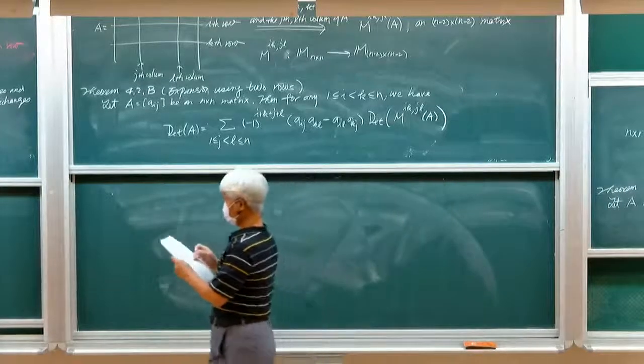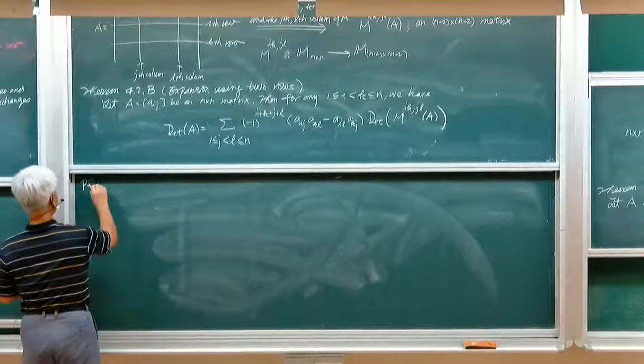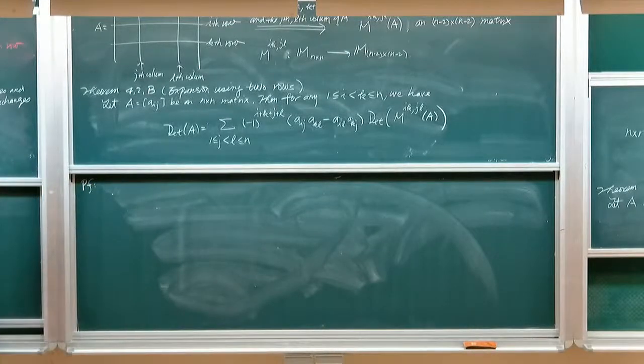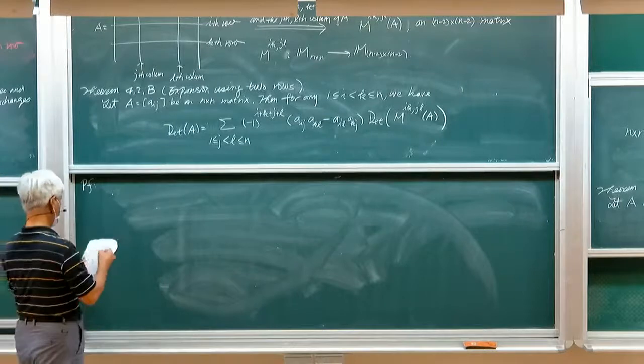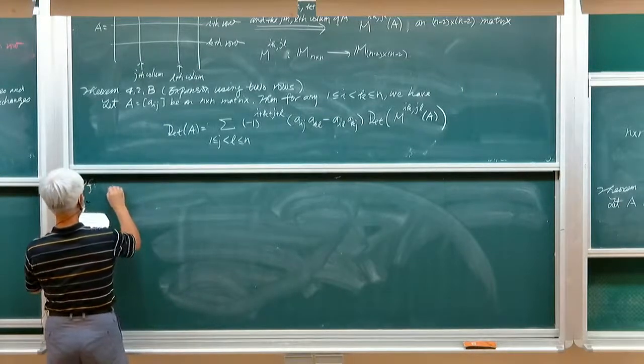The proof is quite similar to the proof for expansion using a row or expansion using a column.